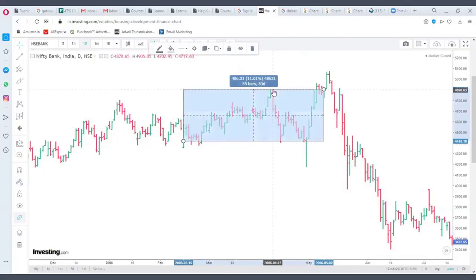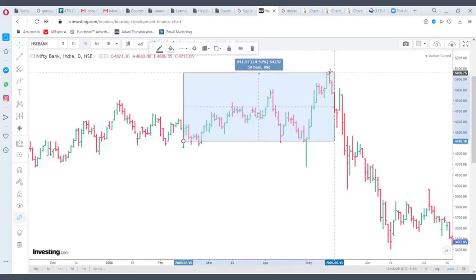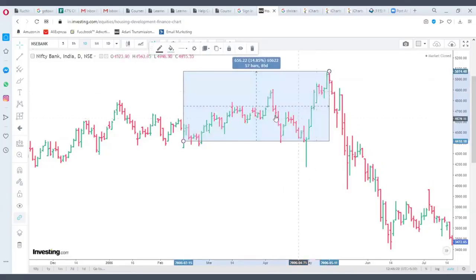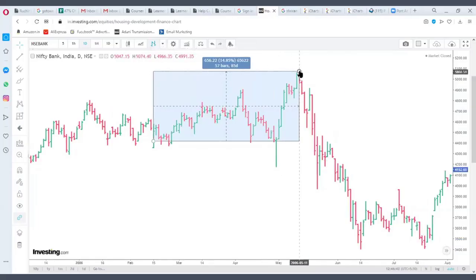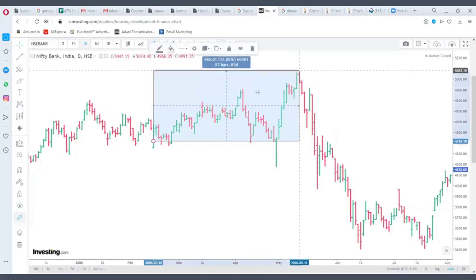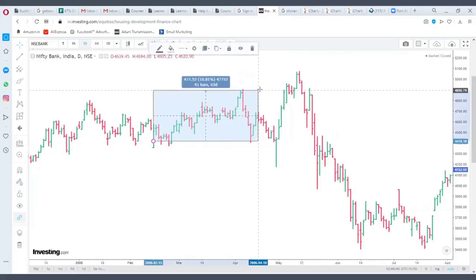If you want to take this higher high as your target, then you will have to exit here. First your stop loss will be hit somewhere here, then you will again enter somewhere here, that you can see in real time. Okay, so this, which is visible as 14-15%, I am bringing down to 10-11%.